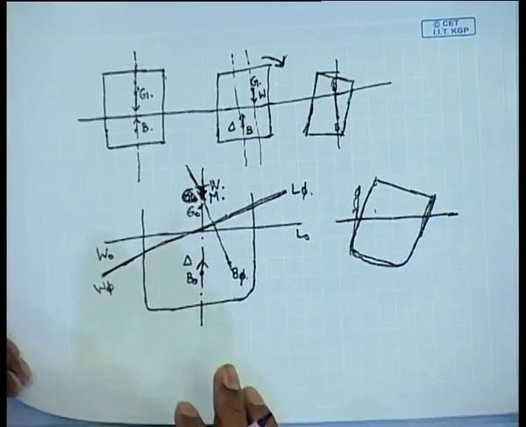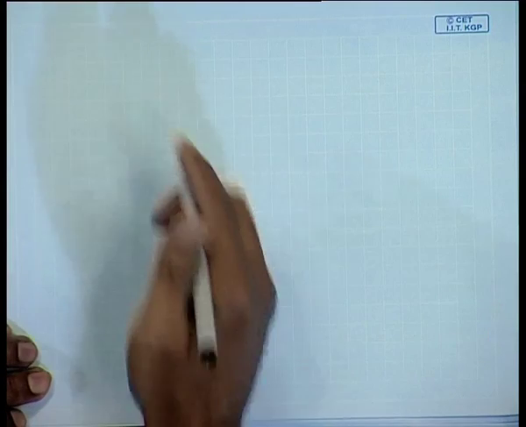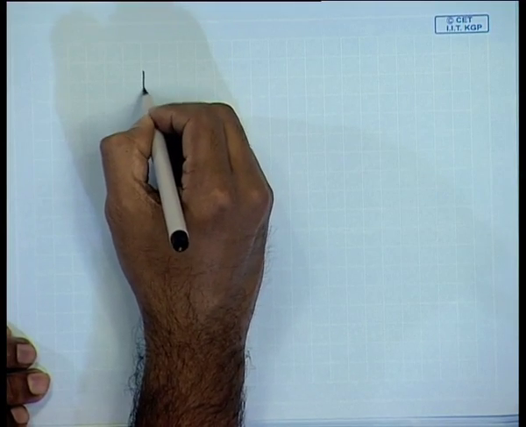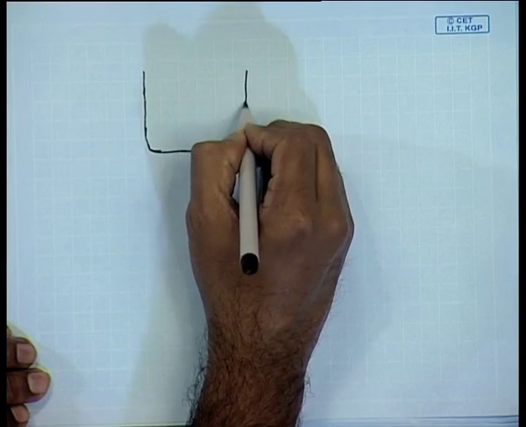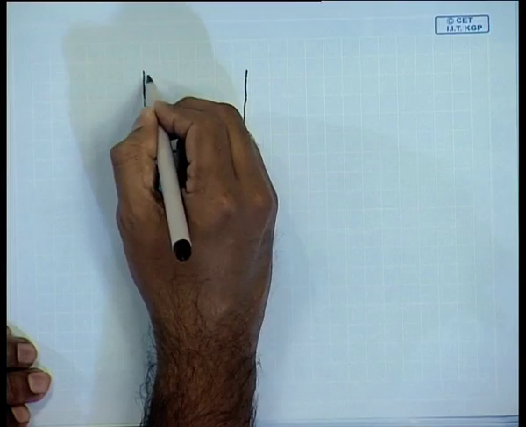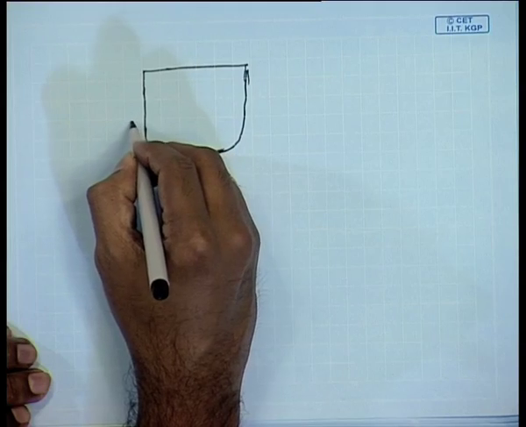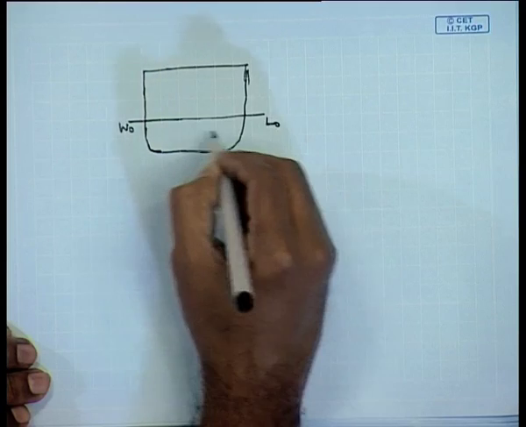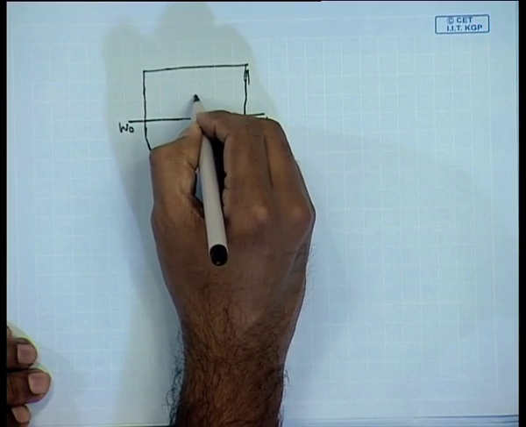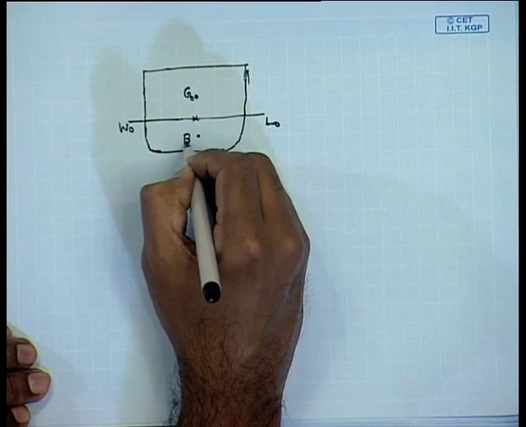Since the figure is a little confusing and I did not draw it properly, let me do it again. This is the body, and the initial water line is here, W0 L0, and here you had G0 and here you had B0.